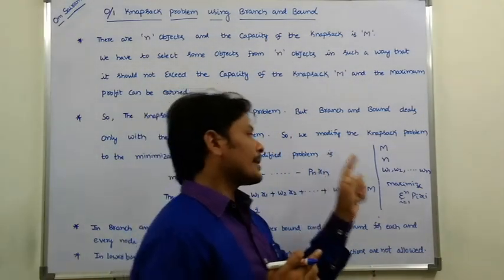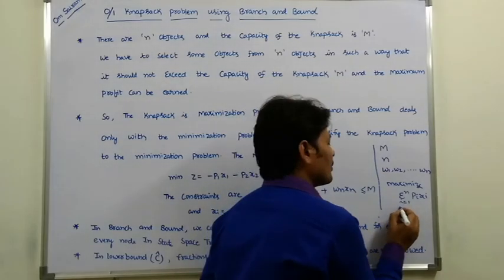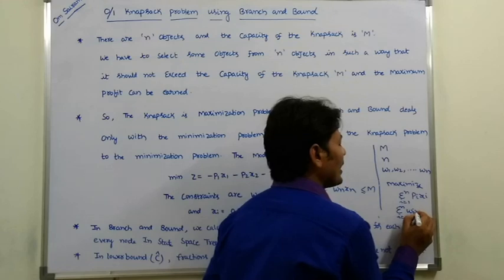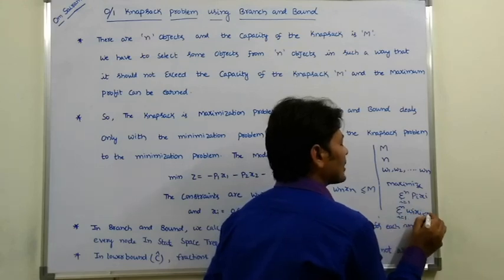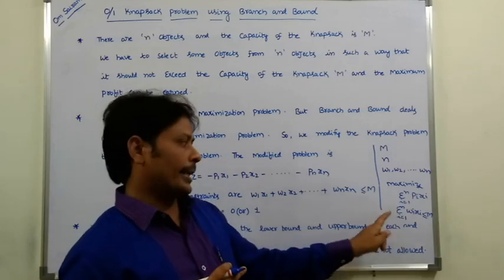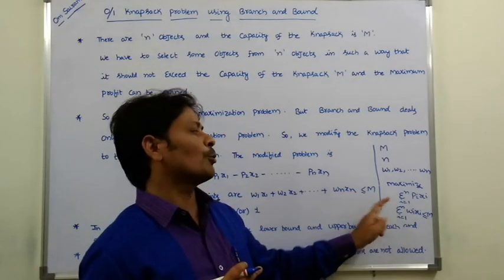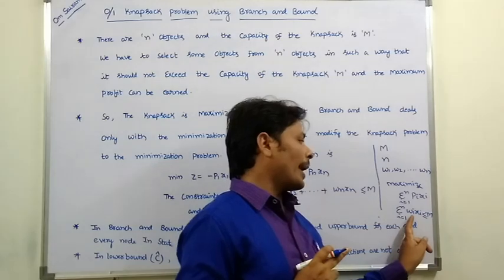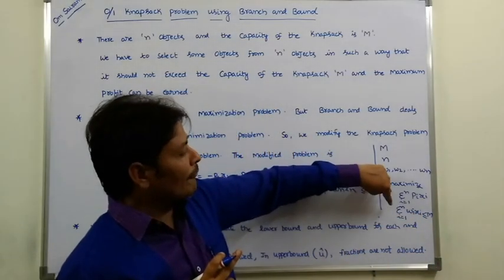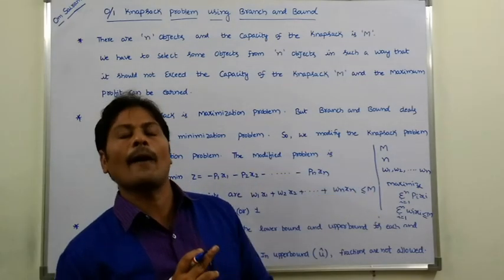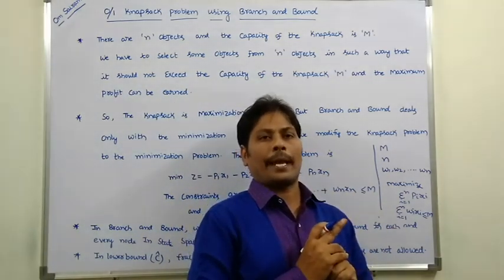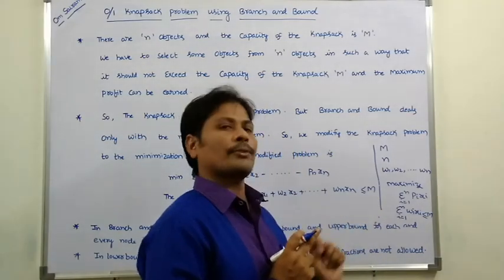So the sum of the weights of the objects, sigma i equals 1 to n of Wi xi, is always less than or equal to the capacity of the knapsack, that is, sigma Wi xi is less than or equal to M. That is one constraint.